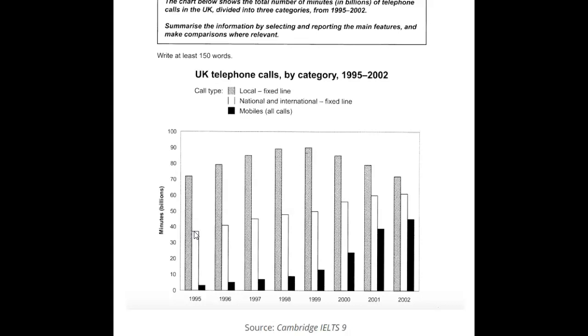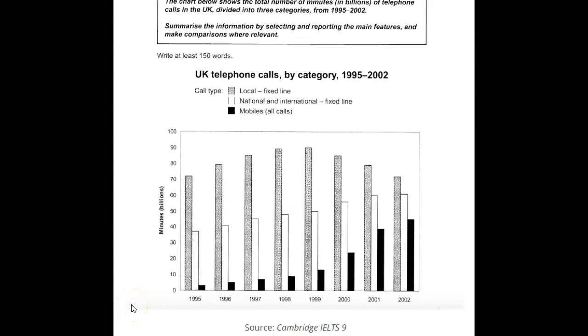This was half of the figure for local calls, okay? Or you could say, alternatively, that in 1995, local calls were double the figure for national calls. Okay, so depending on what you're focusing on, you could use that kind of language.